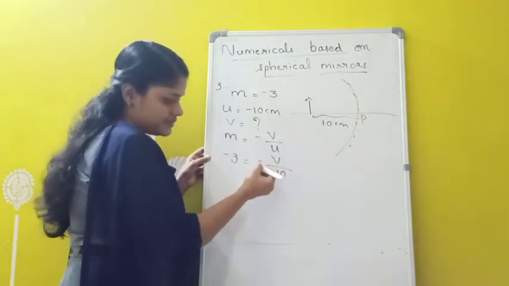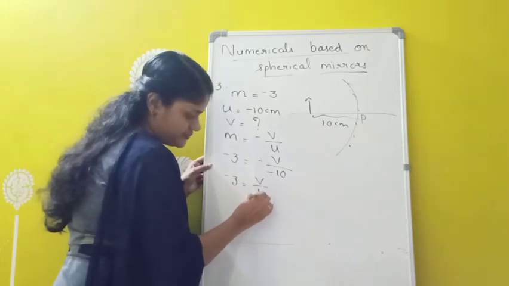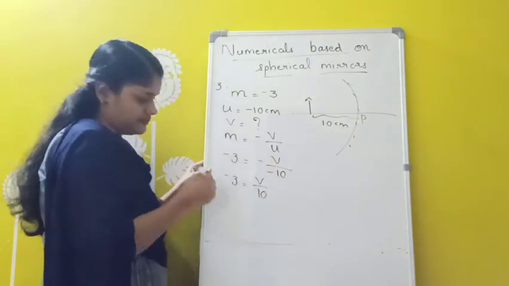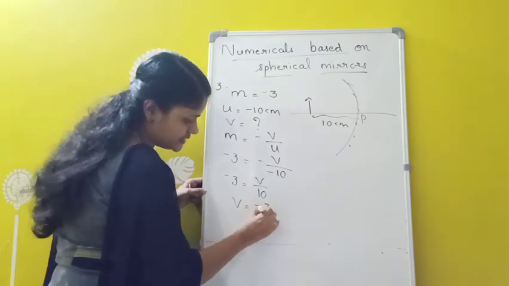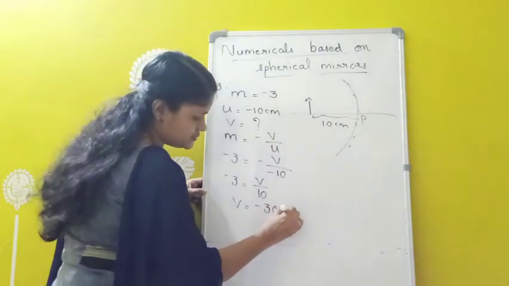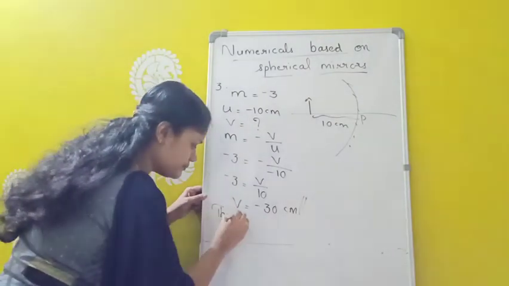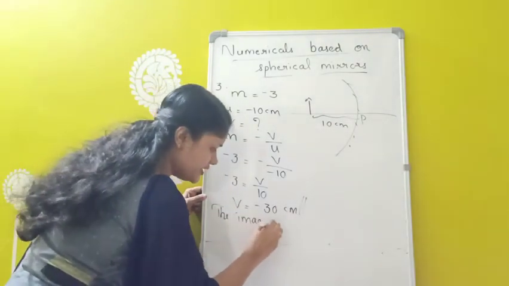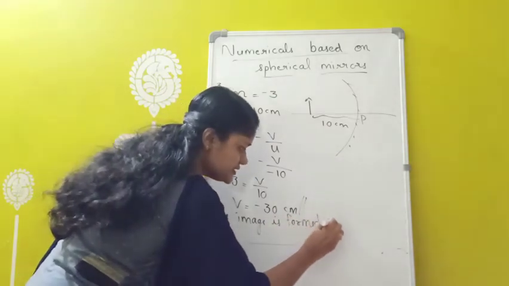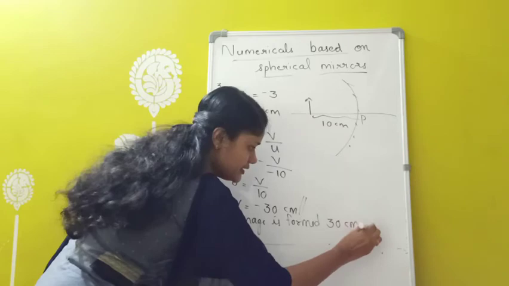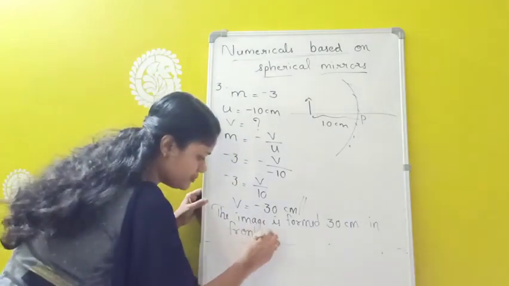This minus minus becomes plus. So minus 3 equals V by 10. Then cross multiplying we get V equals minus 30. The unit is centimeter. So the image is formed 30 centimeter in front of the mirror.